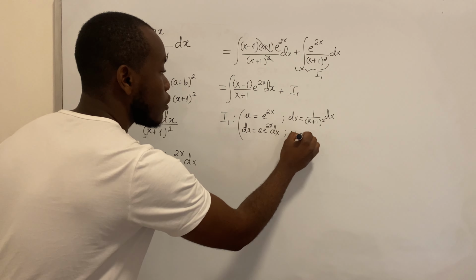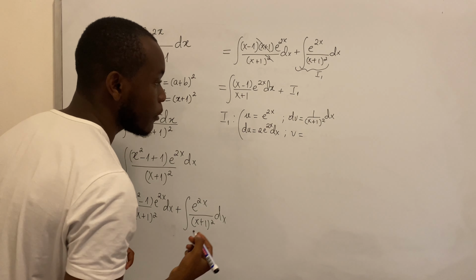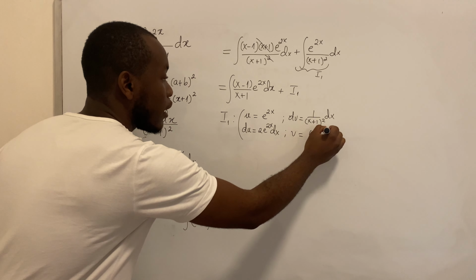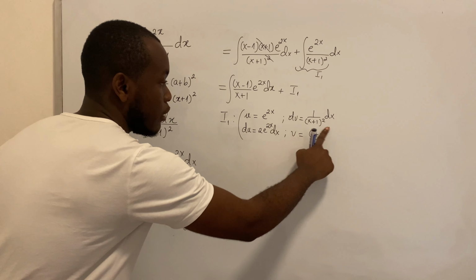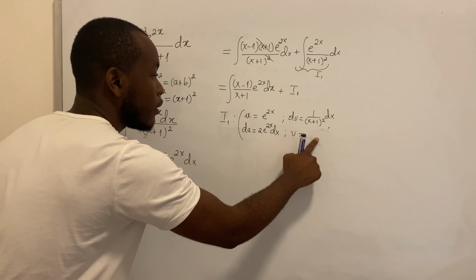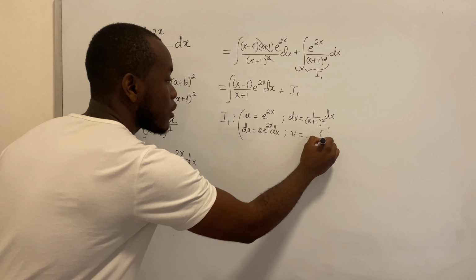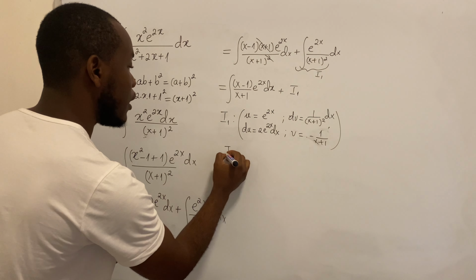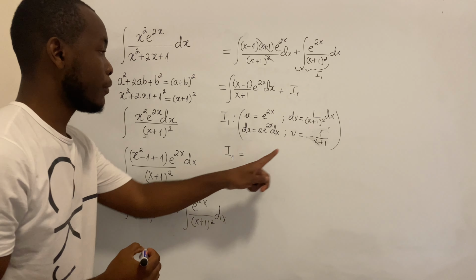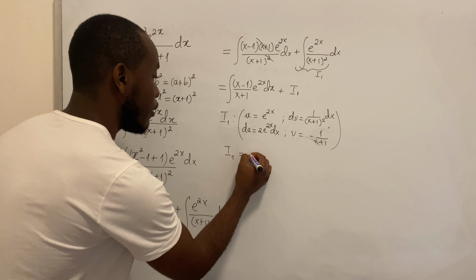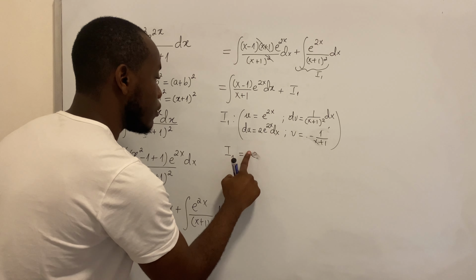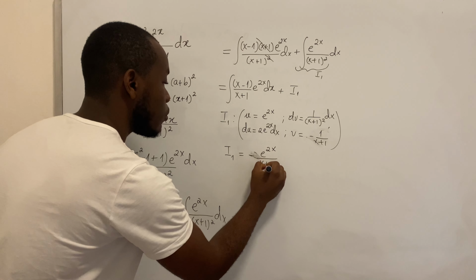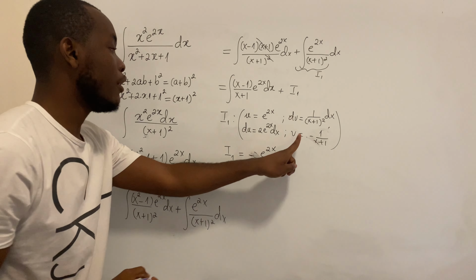And that means v is going to be the integral of this expression, which is going to be x plus 1 to the power negative 1 over negative 1, which can simply be written as minus 1 over x plus 1. Okay, so then that means that integral 1 is going to be equal to minus e to the power 2x over x plus 1, minus the integral of v times du.